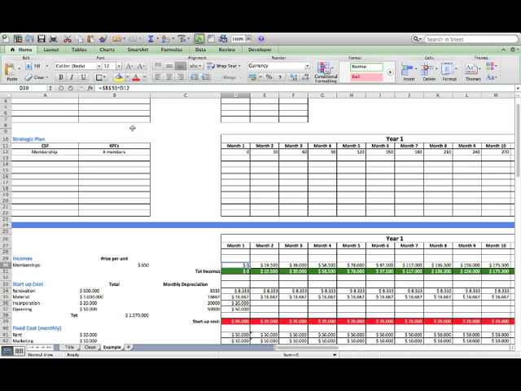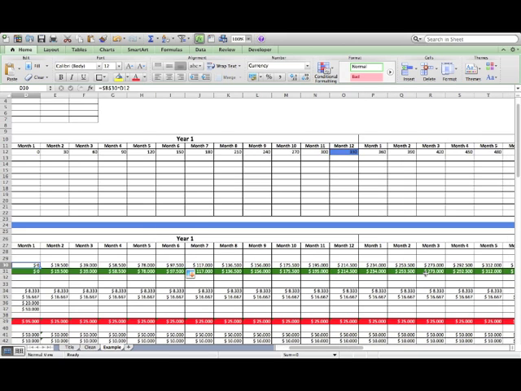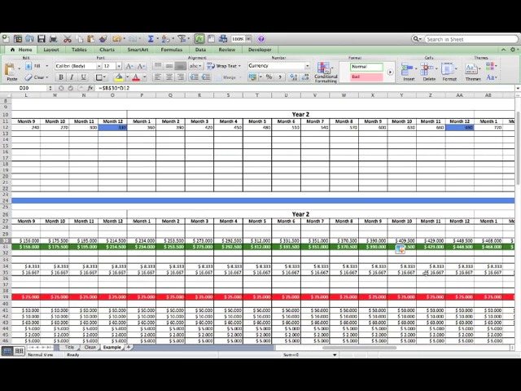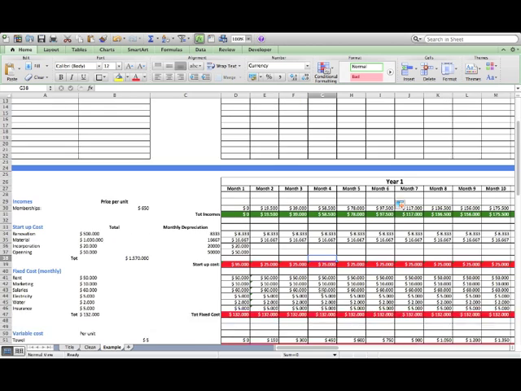What you can do is block this cell and multiply by 12, and then you can stretch your formula. So if you are not used to Excel, that's a simple way to do it. If not, you will have to write 36 times the same formula, which is pretty stupid.